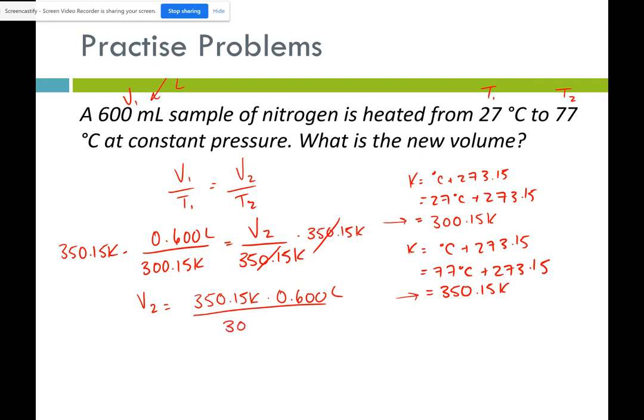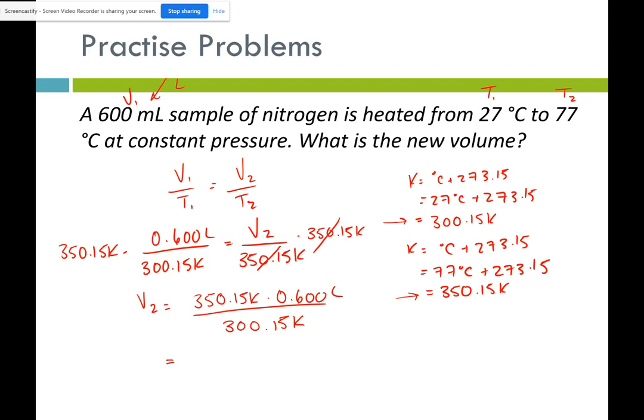Now my temperature has increased again. So I should be expecting a volume that's bigger than 600 milliliters or 0.6 liters if I'm doing my math right. So let's see what we get. We do get a volume that's bigger.